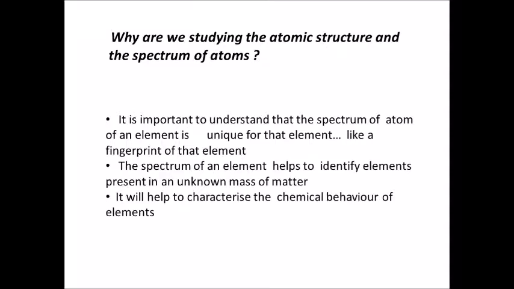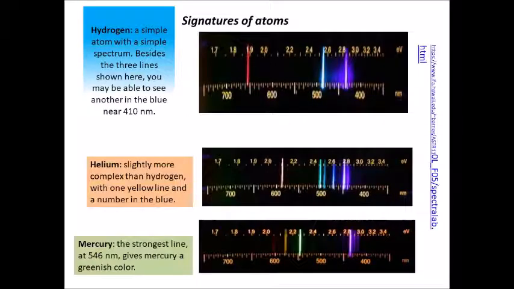It will help to characterize the chemical behavior of the elements, how they react chemically, and these are all important to understand our environment, what chemical reactions are taking place, how they take place, and why, how much amount of energy is involved in the reaction, any amount of energy that is given out. So all these come from the study of the atomic structure and the spectrum of the atoms.